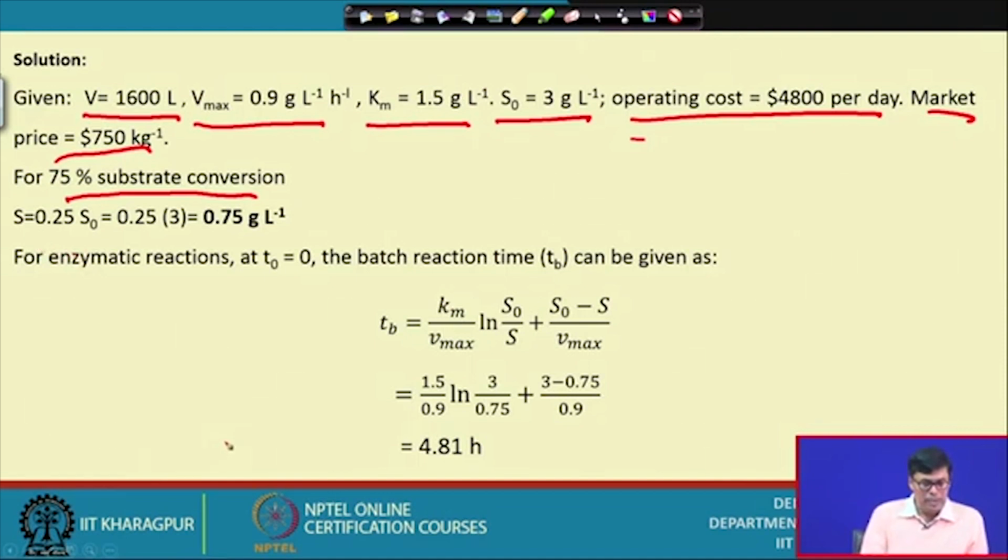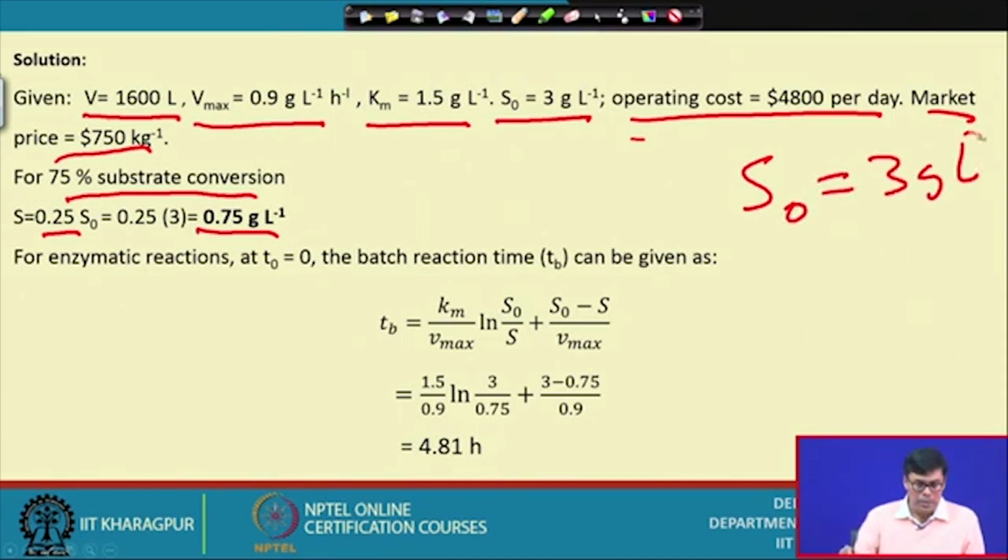The S value will be for 75% conversion. That means 25% will be remaining, 0.25 into S0. S0 is how much? 3 gram per liter. So S will be 0.75 gram per liter. So here S0 is 3 gram per liter, to convert to 0.75 gram per liter.